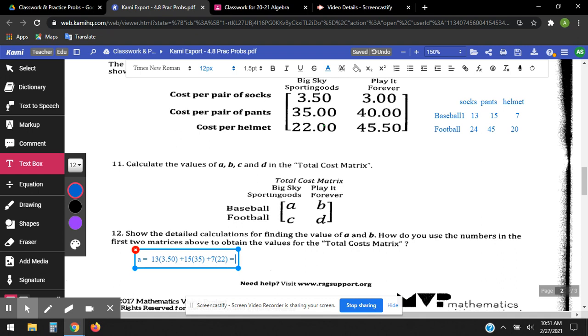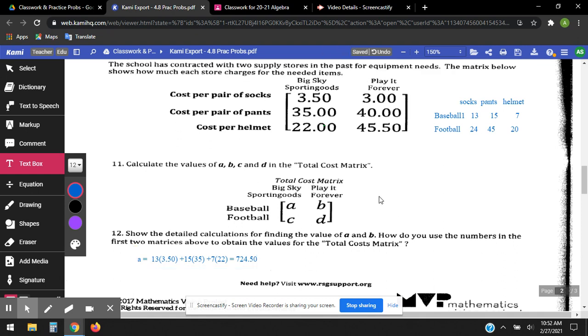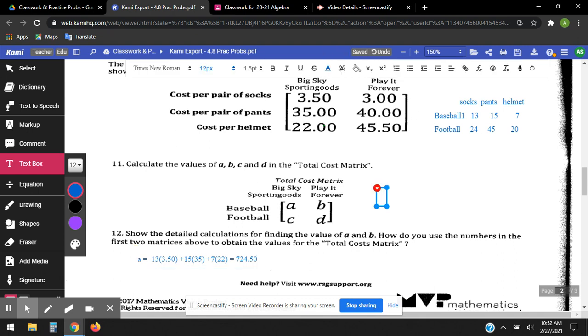And when I add those all up, I end up with 724.50. So that's going to be my first box, 724.50. So that's my first space in here. That's the A.